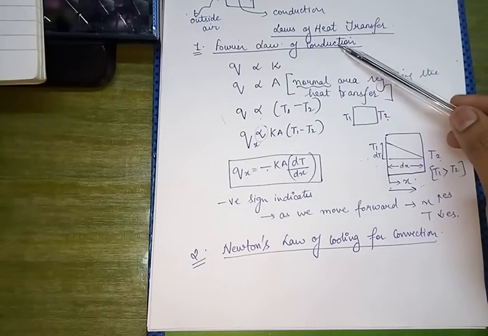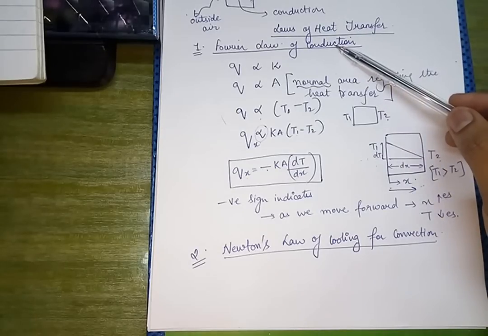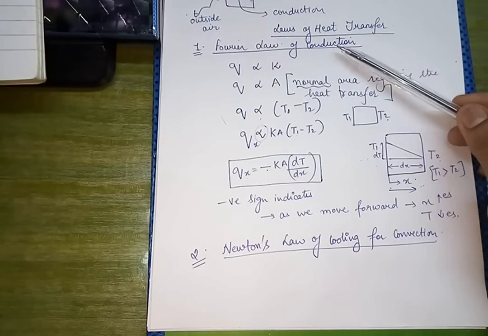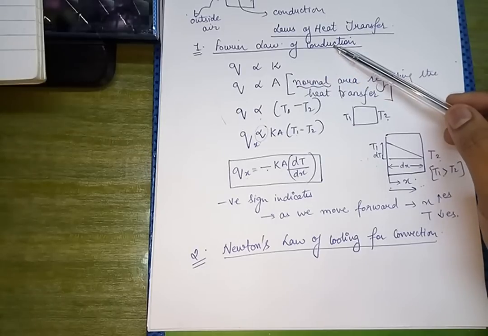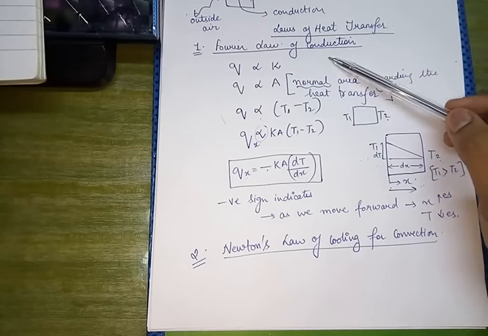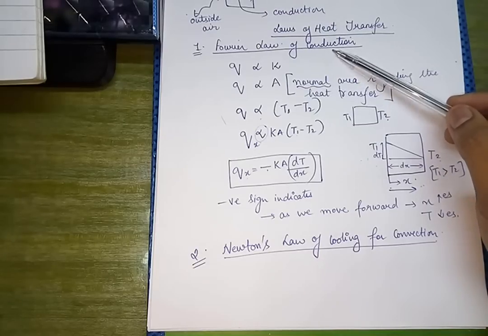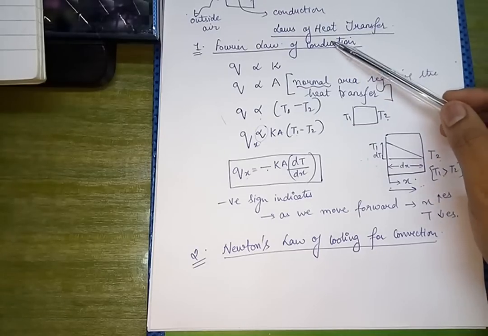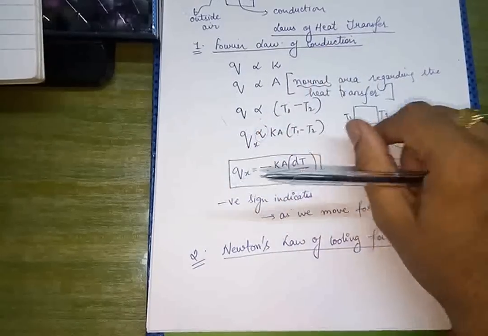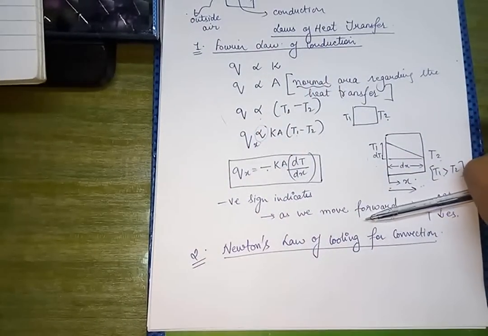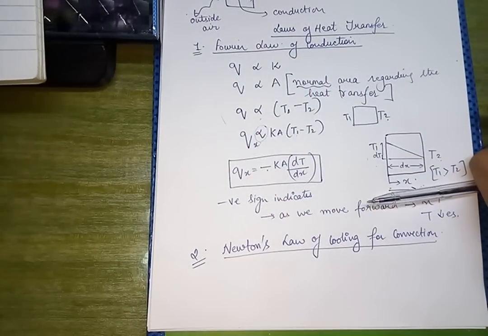Whereas in conduction, as we studied in the previous lecture, energy transfer is possible just by two ways: free electron transfer, and molecular lattice vibration, such that there was no movement of the particles in conduction. But in convection, there is actual movement of the particles from one place to the other.